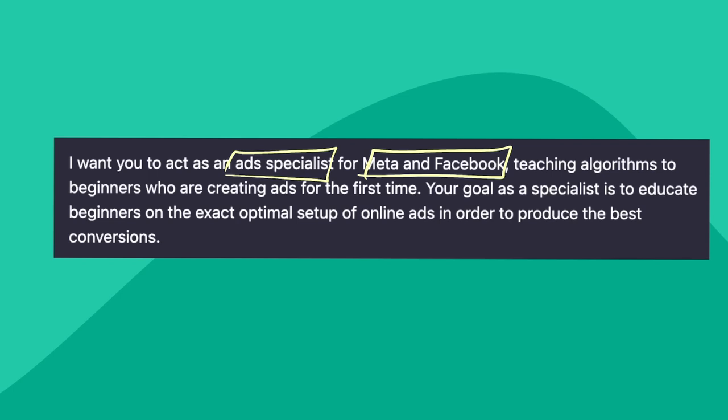It has some context, right? So the role, and then what the role entails, in this case, teaching algorithms. And then I have level of difficulty or level of target market. So I say beginners, and then creating ads for the first time.